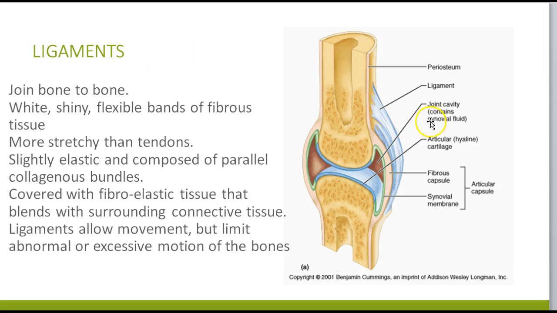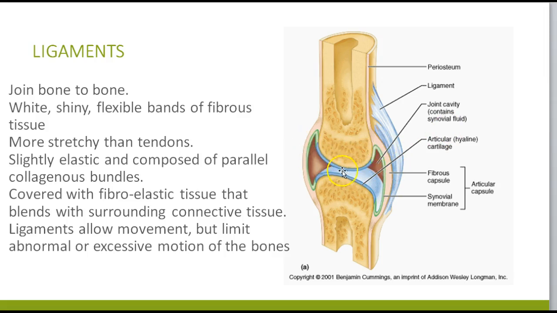If we look here, we've got a periosteum, which is the outside here, like a thin skin on the outside of the bone. Ligament here, attaching the bone to the bone. The joint cavity in here. The articular hyaline cartilage, which is on the end of bones.